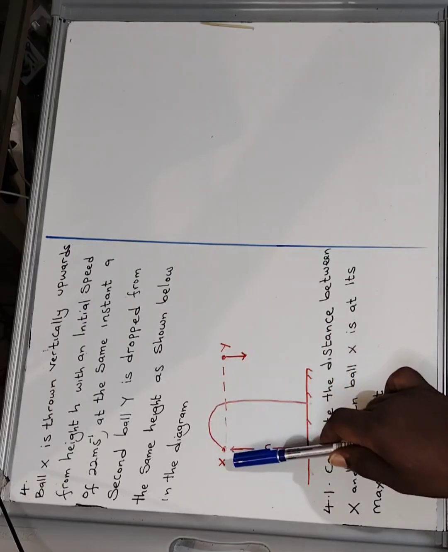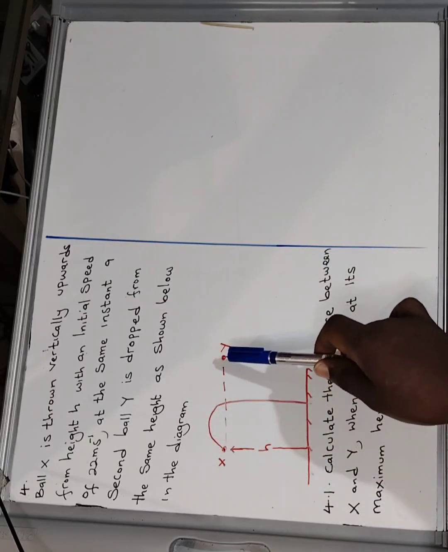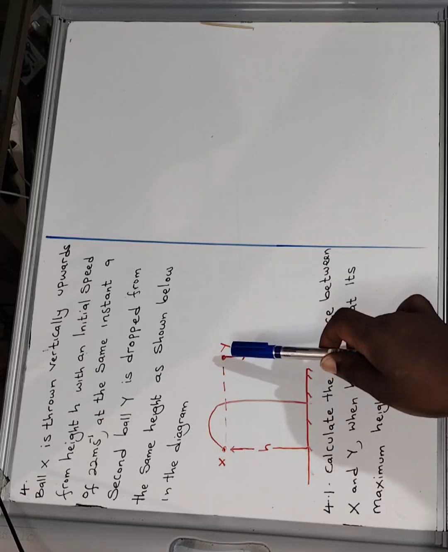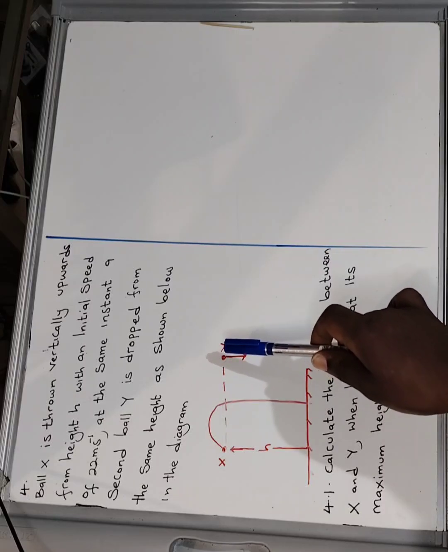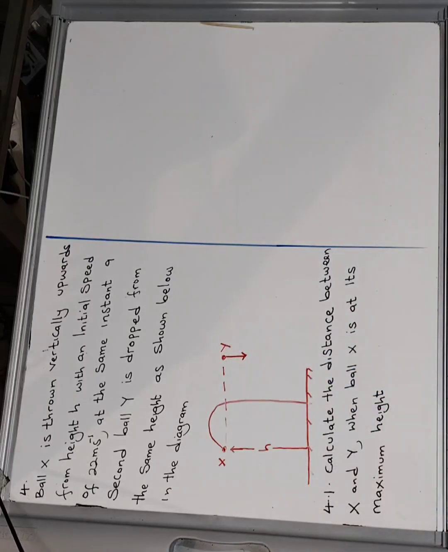So as ball X is projected upwards, ball Y is dropped, both taking place at the same instant. Now the question says calculate the distance between X and Y when ball X is at its maximum height.